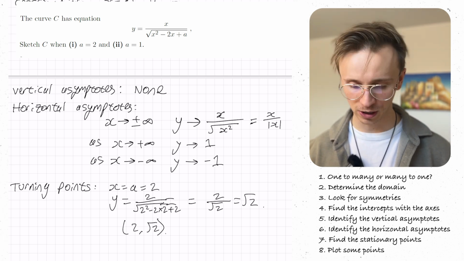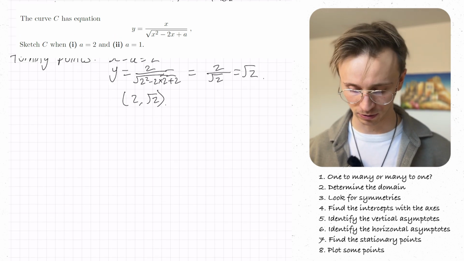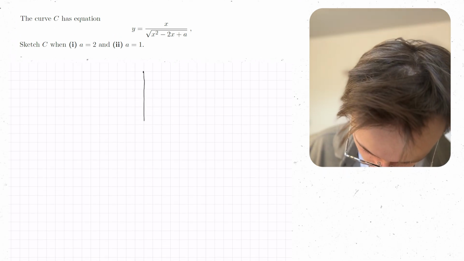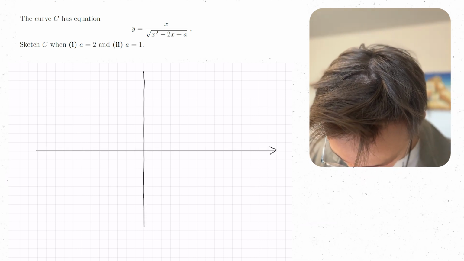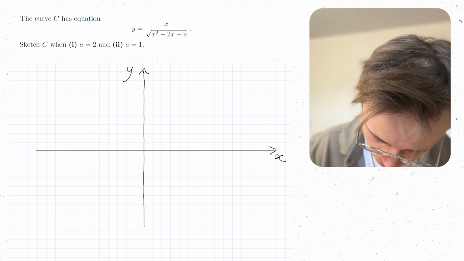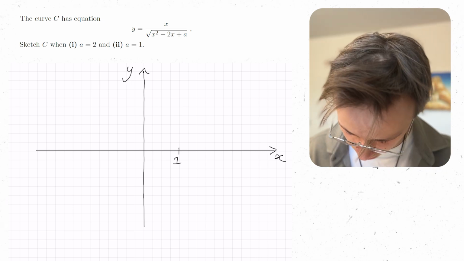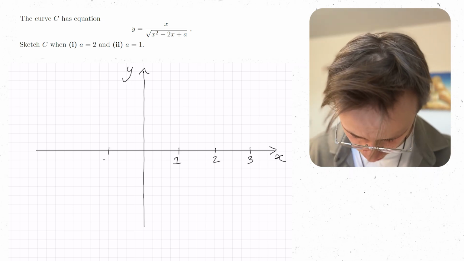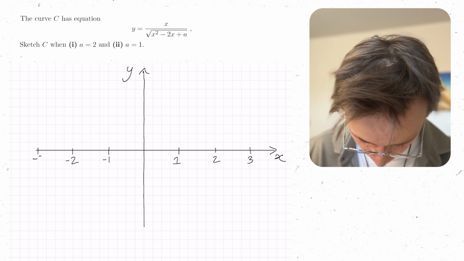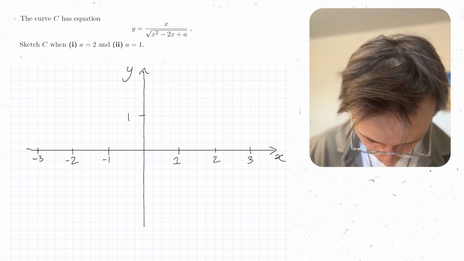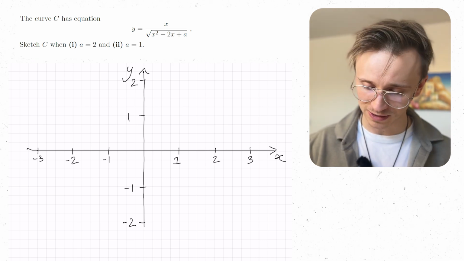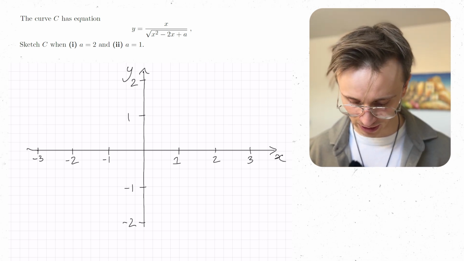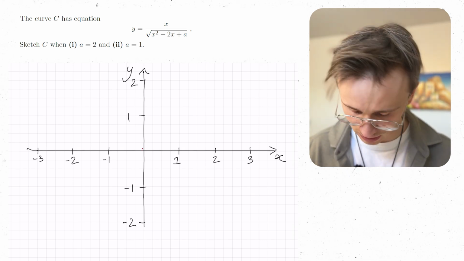Okay, so that's all the analysis I need to do, and I just need to bring it all together and actually draw the function. So let's draw it out. So x and y, 1, 2, and 3, and then minus 1, minus 2, minus 3, and 1 and 2, minus 1, minus 2. So drawing on the facts that I know, the first one is that I have a crossing point at 0, 0.